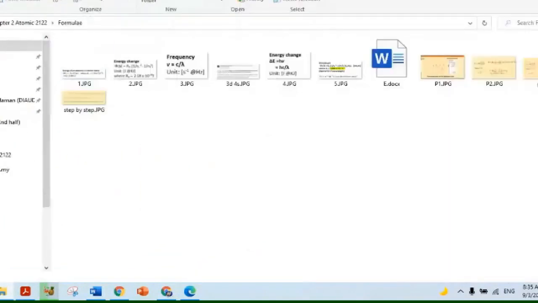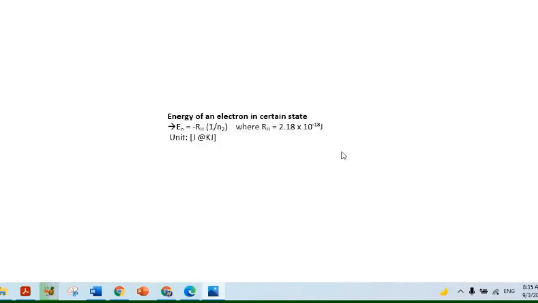Okay, here is the formula. You should know all the formula. This is the energy of an electron in a certain state. You must remember the En. Depends on the question.